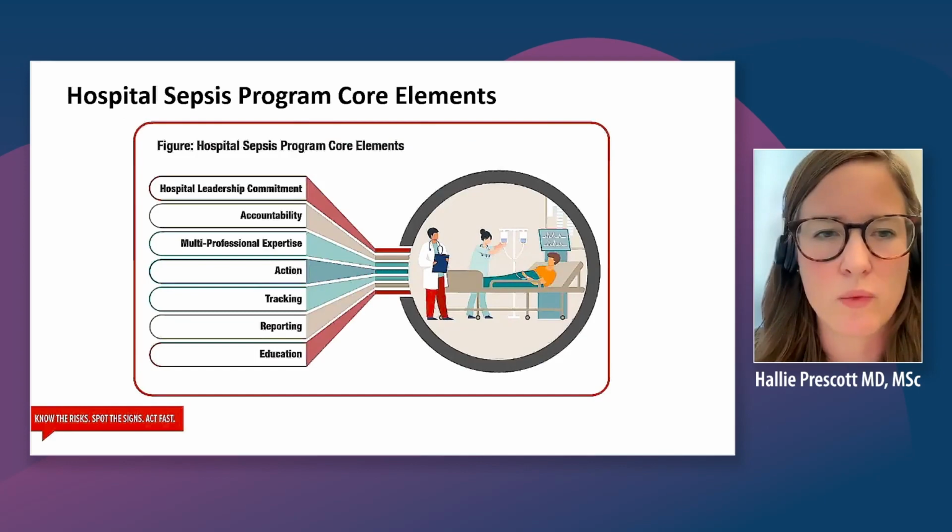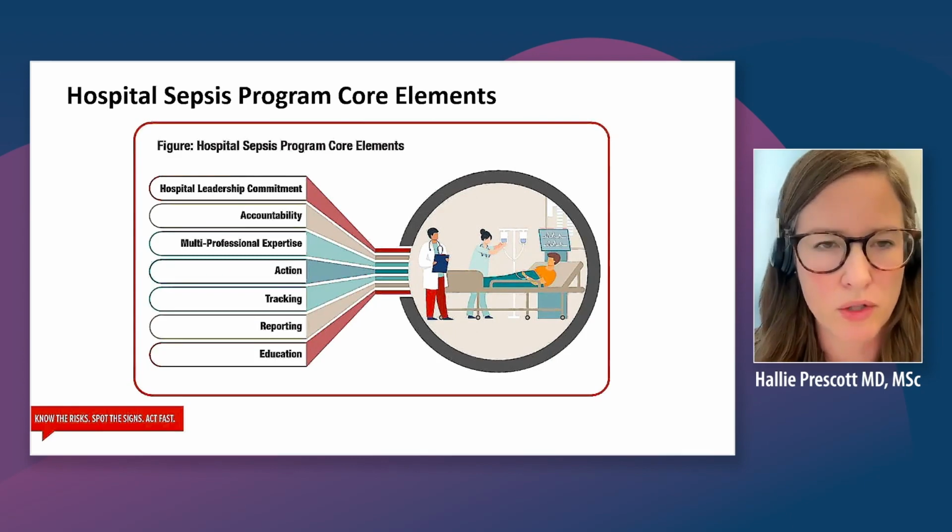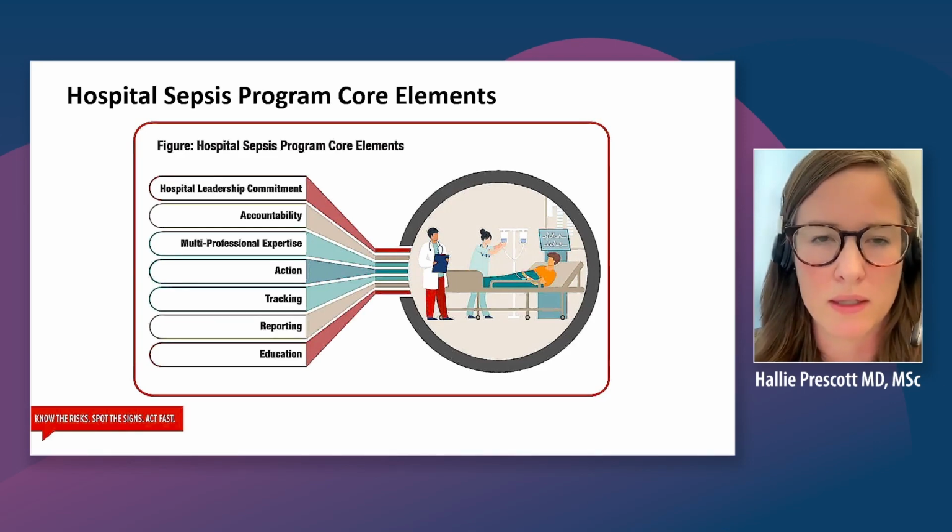This figure as well goes through the 7 core elements, which I'll summarize briefly, and then we'll go into more detail about the hospital leadership commitment. The hospital leadership commitment talks about the importance of engaging the hospital leadership into the sepsis program.